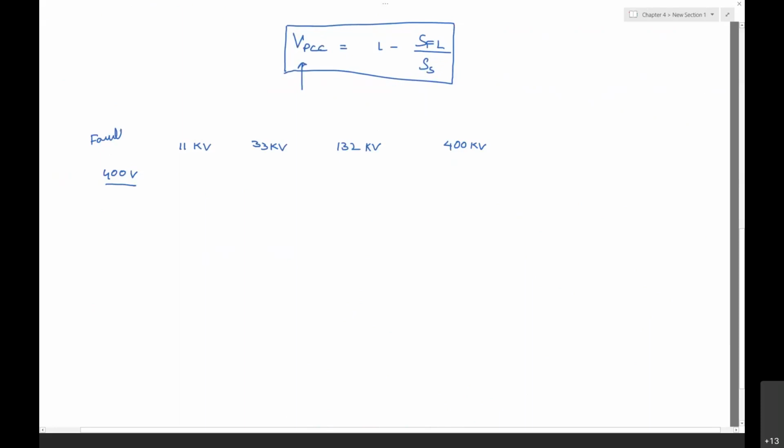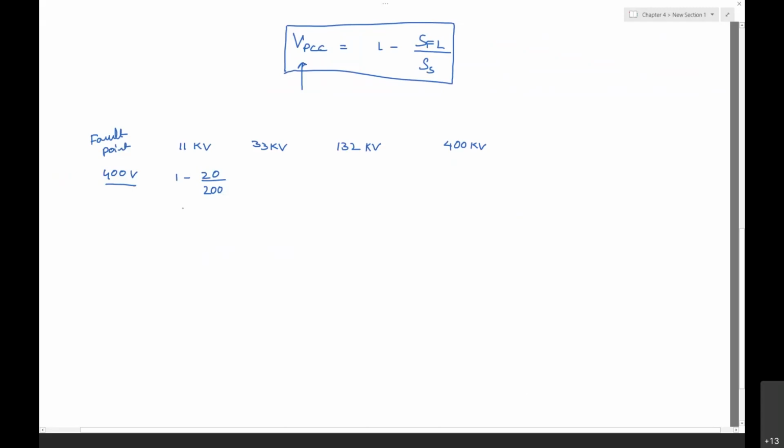This is the fault point. The fault point is at 400 volts. Now what we get at 11 kV voltage is 1 minus the fault level MVA at 400 volts, which is 20 MVA, divided by the source MVA at the 11 kV line, which is 200.